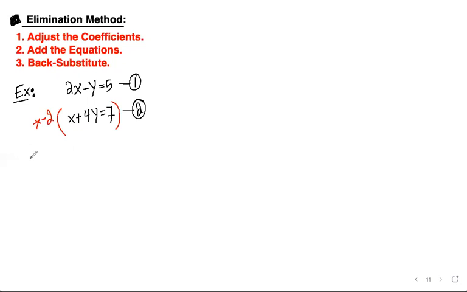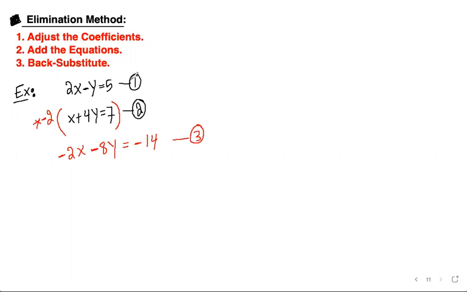So my new equation is minus 2x, distributing, minus 2 times 4 is minus 8y equal minus 2 times 7 is minus 14. This is my third equation.